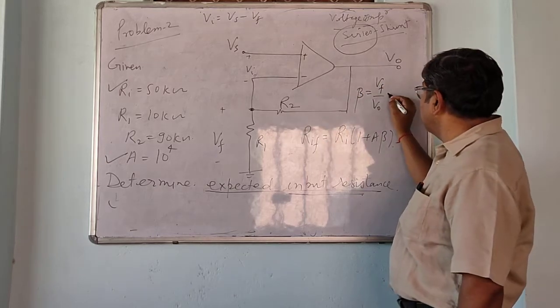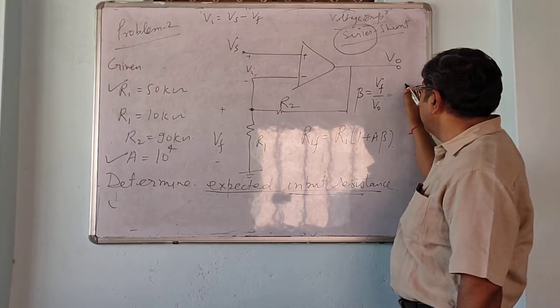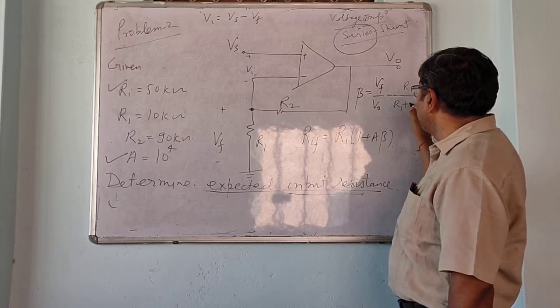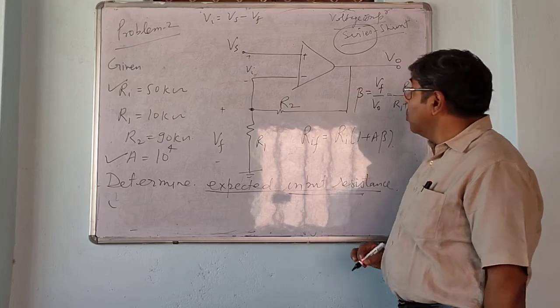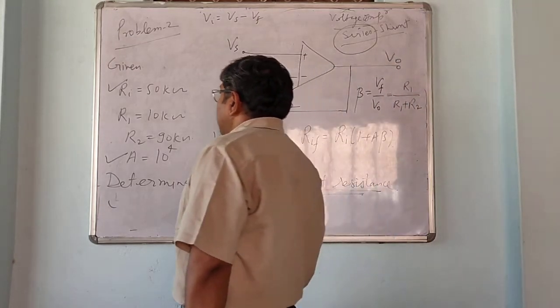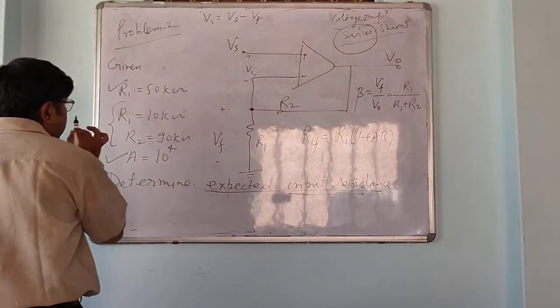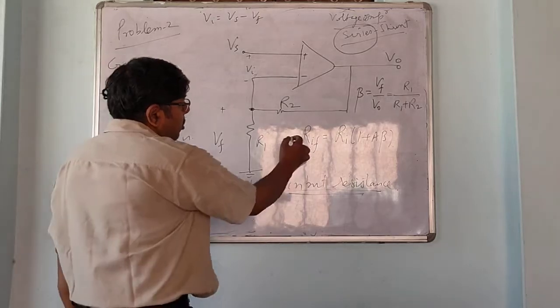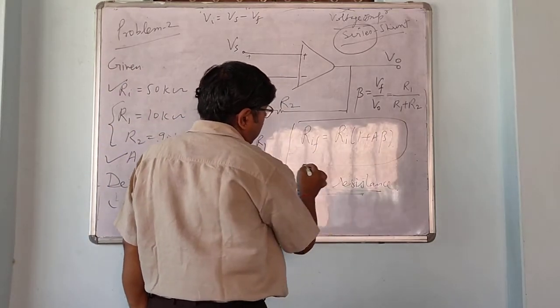So we can use the potential divider here. So this is R1 upon R1 plus R2. This is the value of beta.